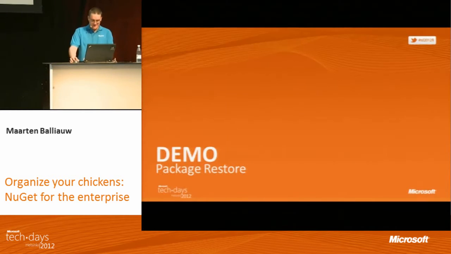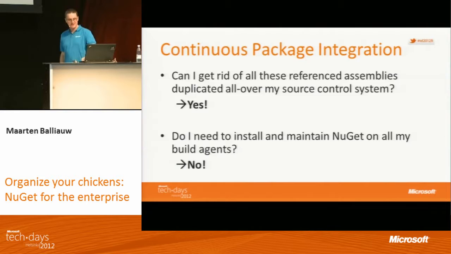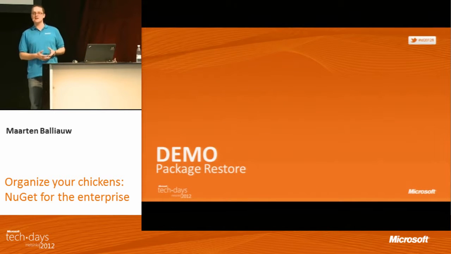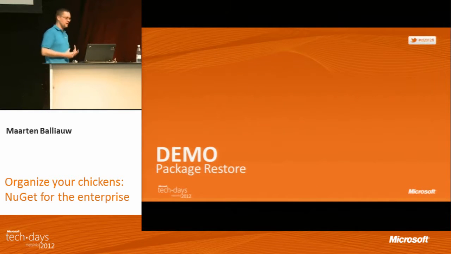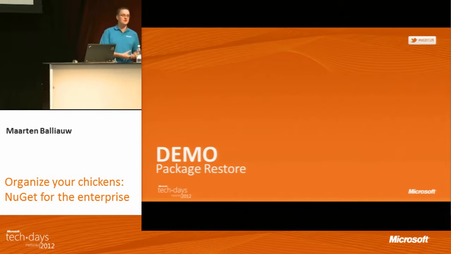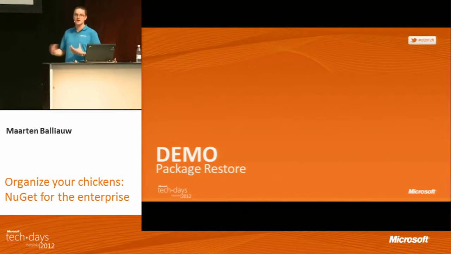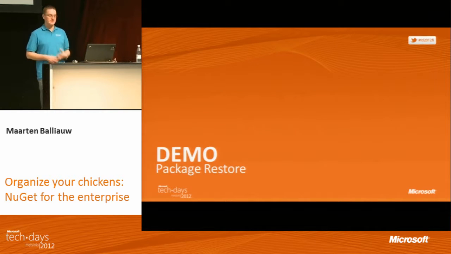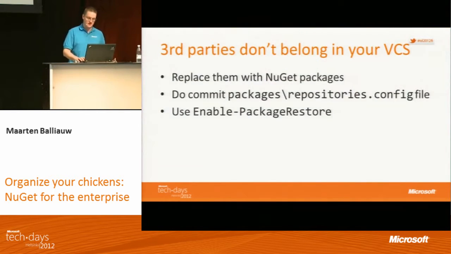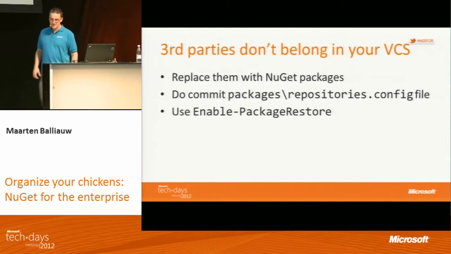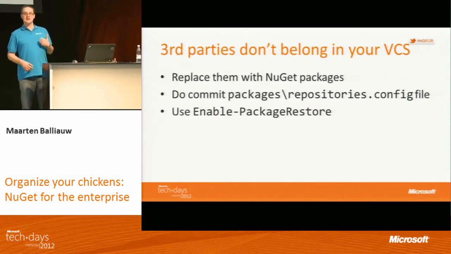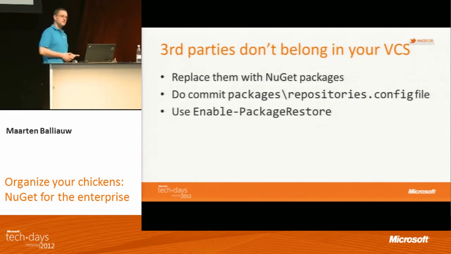Okay, so package restore. I wasn't able to show it, but I hope you get the concept that you should not include all those dependencies in your source control and just install them on the fly. Enable NuGet package restore and make sure NuGet downloads all those things in one go when you build your project. One thing you should commit to your source control is, of course, that .NuGet folder containing NuGet.exe.